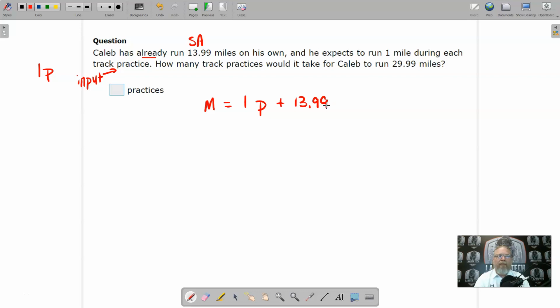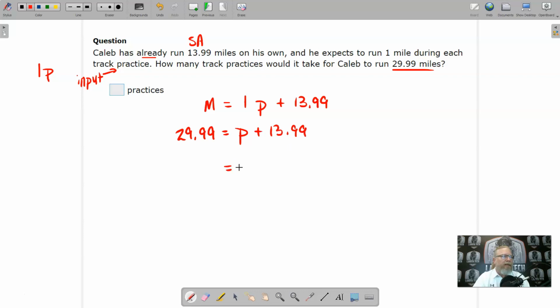Now we're all set up. Let's see, do they give us an input or do they give us an output? How many track practices would it take for Caleb to run 29.99 miles? So they're giving us an output. So let's go ahead and plug in that 29.99 equals 1 times P is just P plus 13.99.